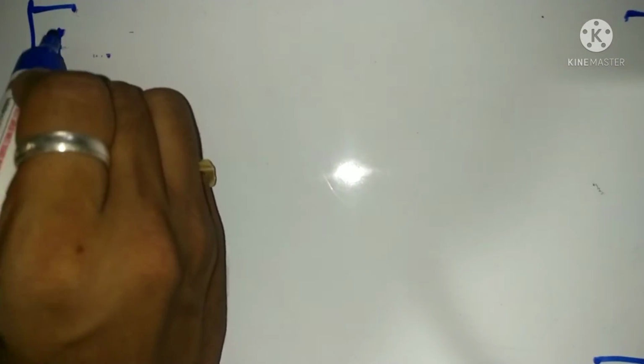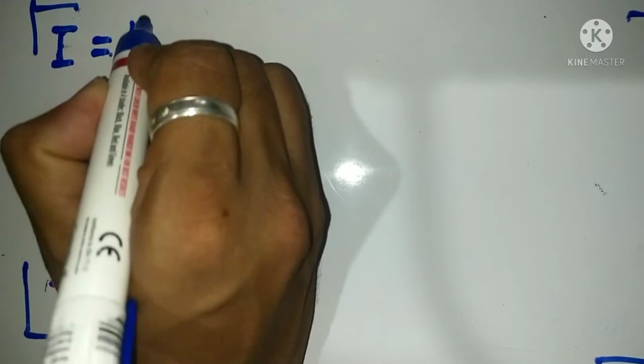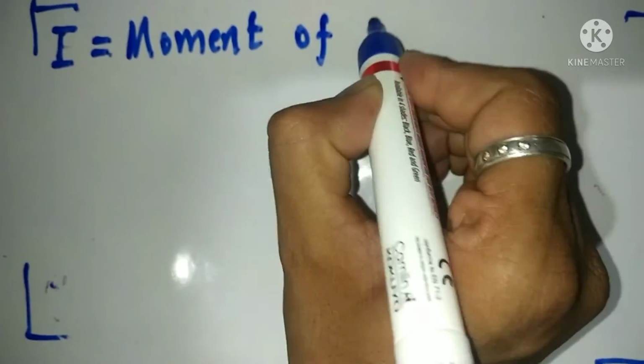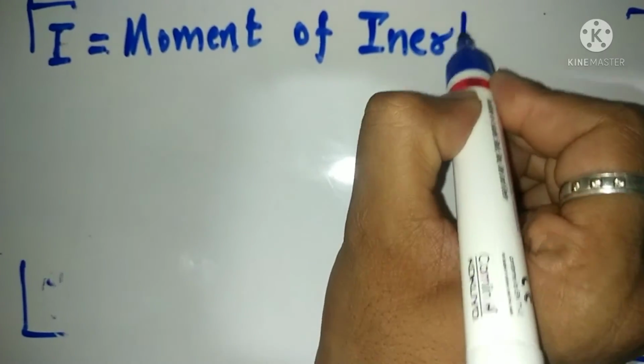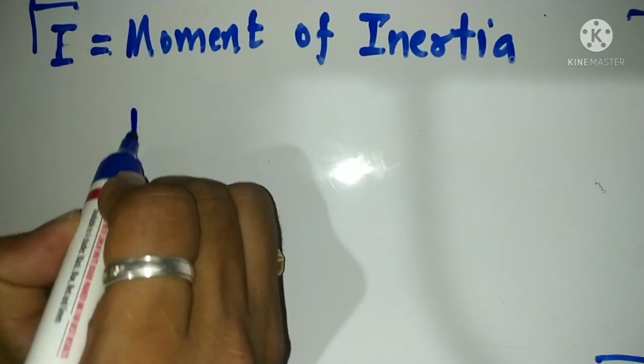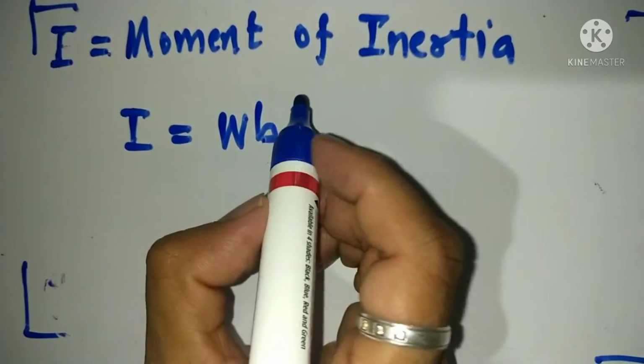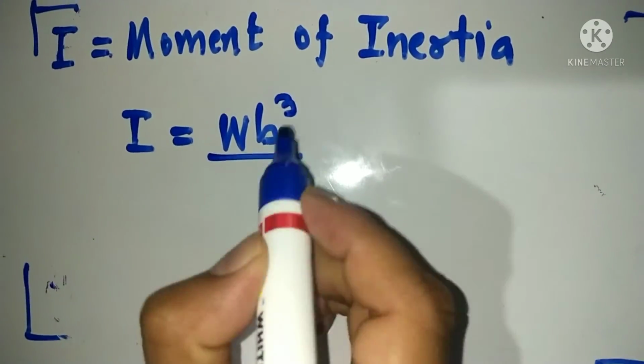Next we will find moment of inertia. It has a standard formula. The formula is I is equals to W into B cube divided by 12.